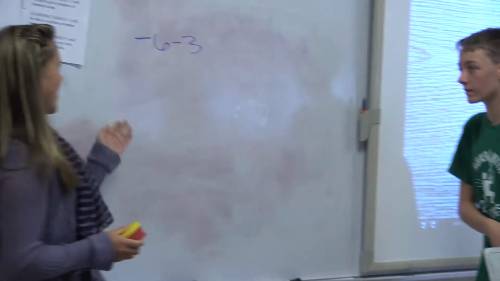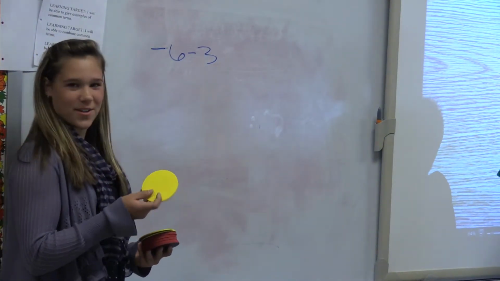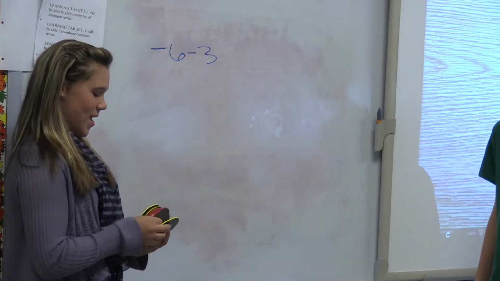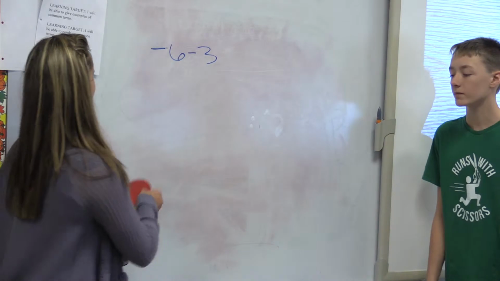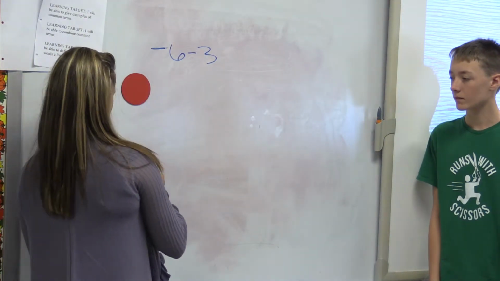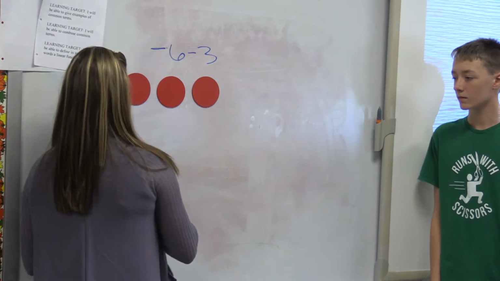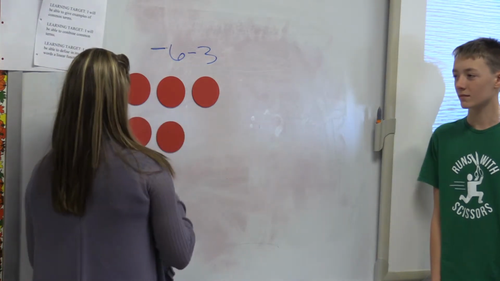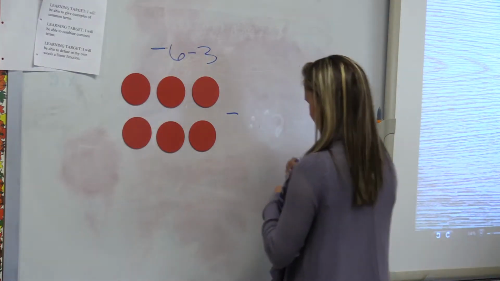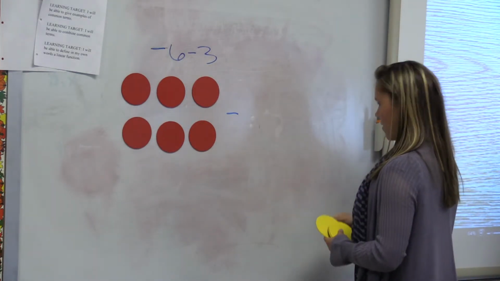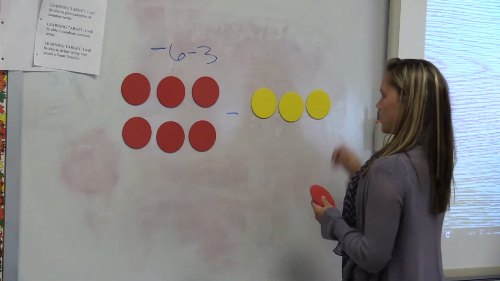For example, we have -6 minus 3, and the yellow circles represent a positive, and the red circles represent a negative. So you would put -6, which would be 3 red circles. Then you would put your sign. Then you put 3 yellow circles.